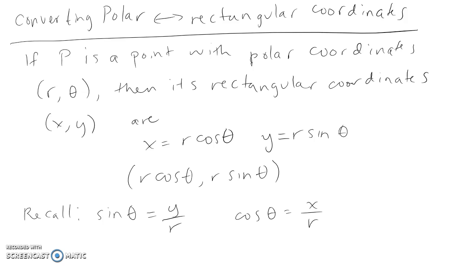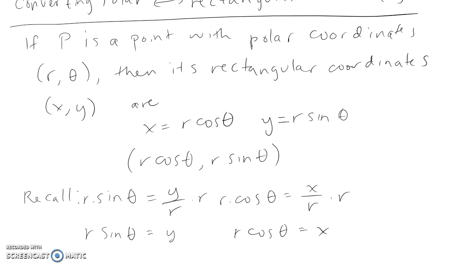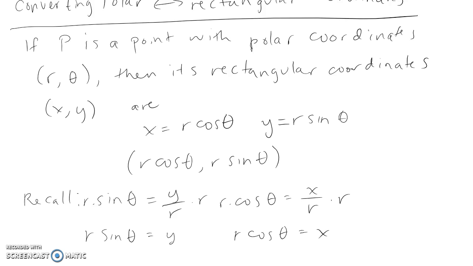So if you just multiply both sides here by r and both sides here by r, you get r sine theta equals y and r cosine theta equals x, which is just what we have right above.